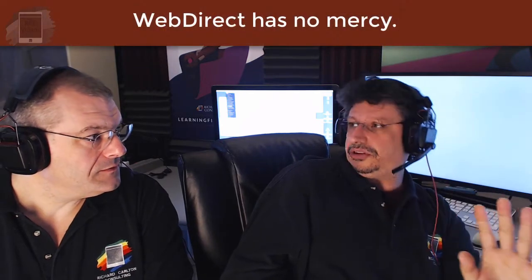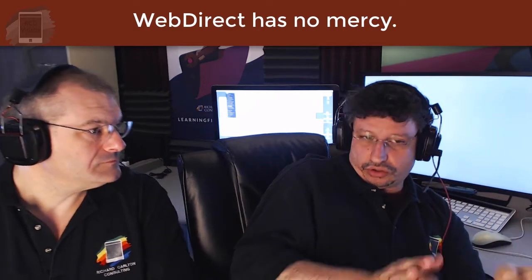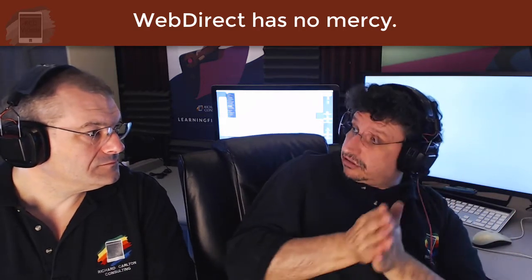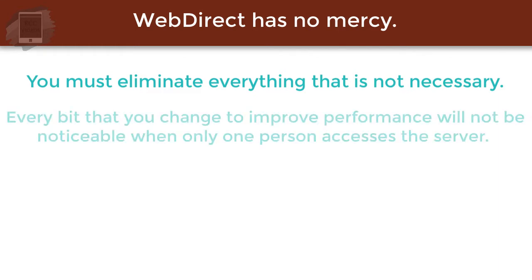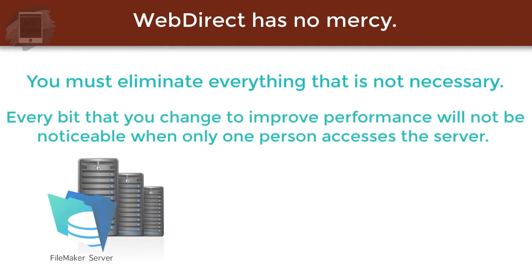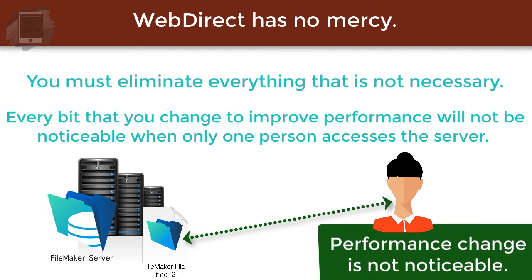With FileMaker WebDirect, there's no mercy. If you do it the right way, it will work. If you don't, it won't work. But it doesn't mean it's complicated. You need to go down and eliminate everything that is not necessary. Every single byte you can save to improve performance won't have a big incidence when one client accesses the server, because the client is doing 80% of the work.